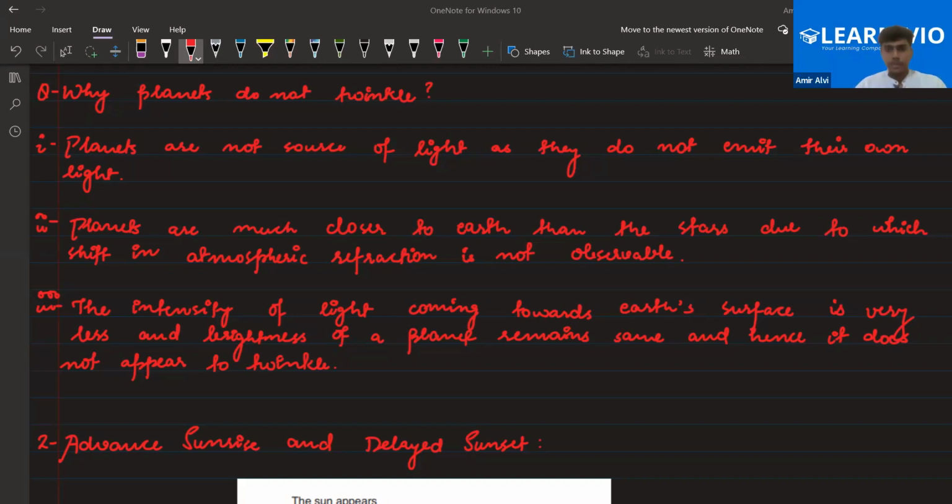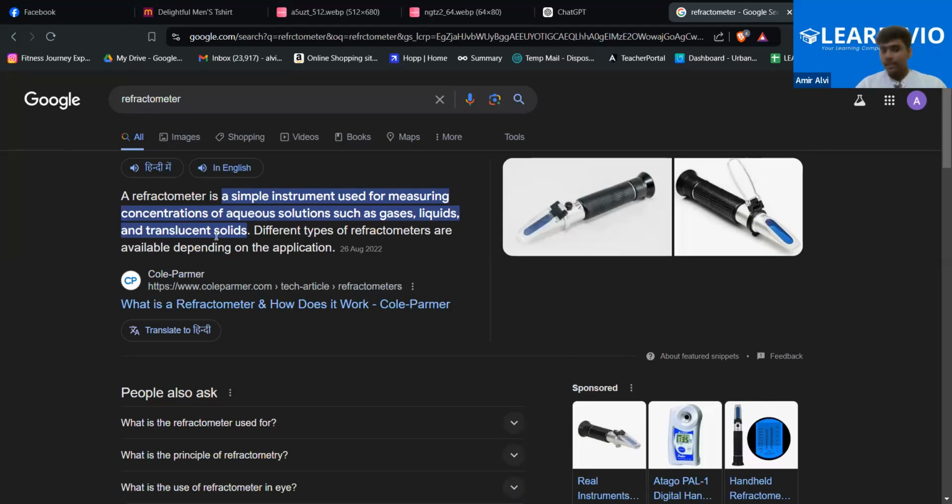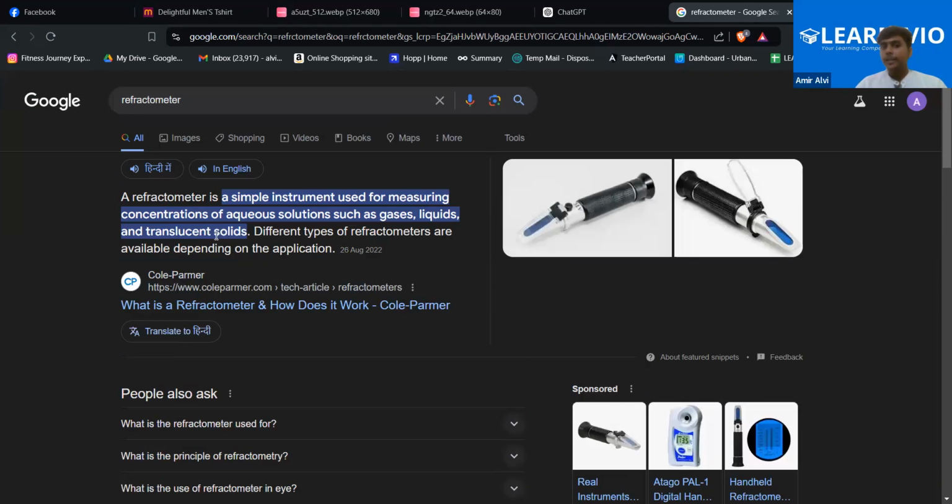If I show my screen to you, you can see this. The refractive index is basically the number that tells you how light bends. A refractometer is a simple instrument used for measuring concentration of aqueous solutions, such as gases, solids, and liquids. So that is something else. It is related to chemistry.